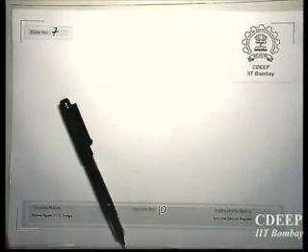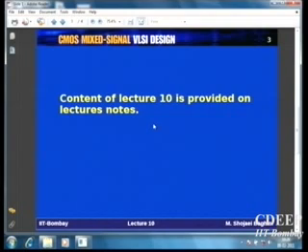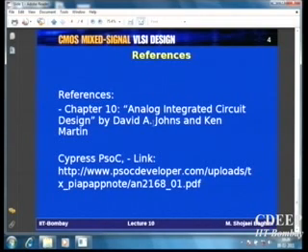So now we go with two standard biquads, and one of these biquads is used in Cypress PSoC. Okay, so these are two references that you will use.